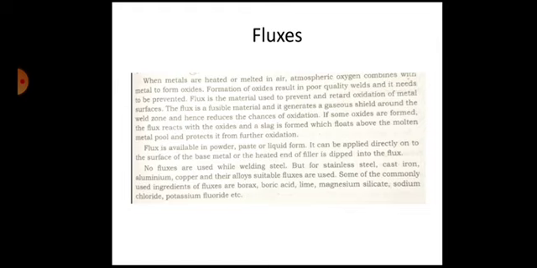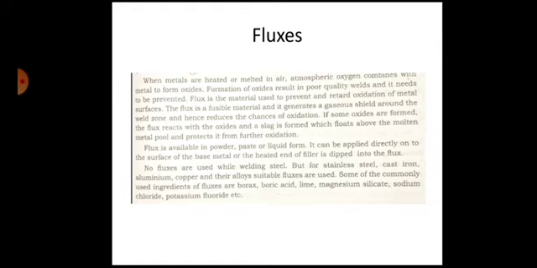The flux is a fusible material and it generates a gaseous shield around the weld zone and hence reduces the chances of oxidation. That is, during welding, this flux creates a shield or an envelope which protects the weld from contact with atmospheric oxygen. Okay, that is the purpose of flux.